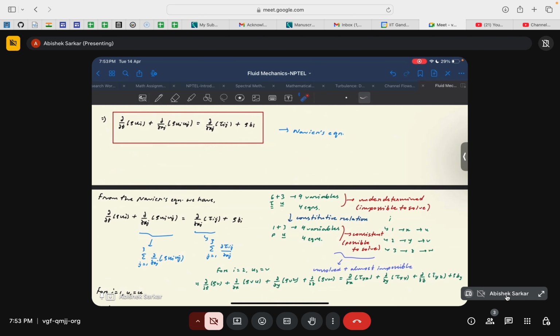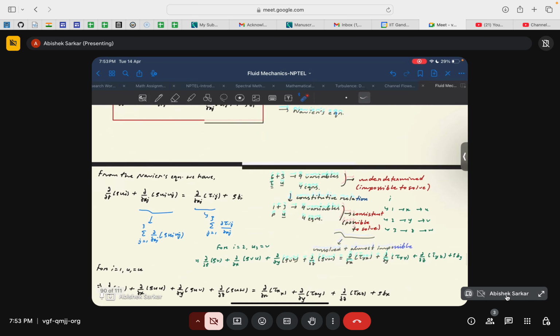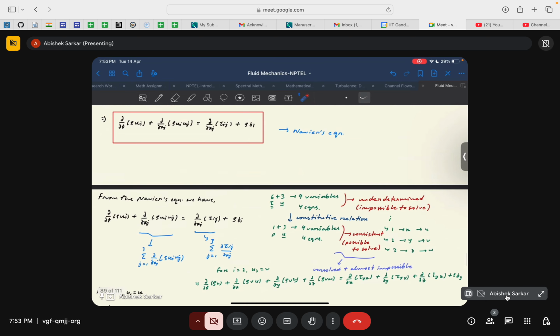It's mathematically impossible to solve. So that's why we impose the idea of a constitutive relationship, where we represent these shear stresses in terms of the velocity gradients. If we do that, then we end up with 3 velocity components and 1 pressure component, that is 4 independent variables and 4 equations, the momentum equation along XYZ direction and the mass conservation equation.